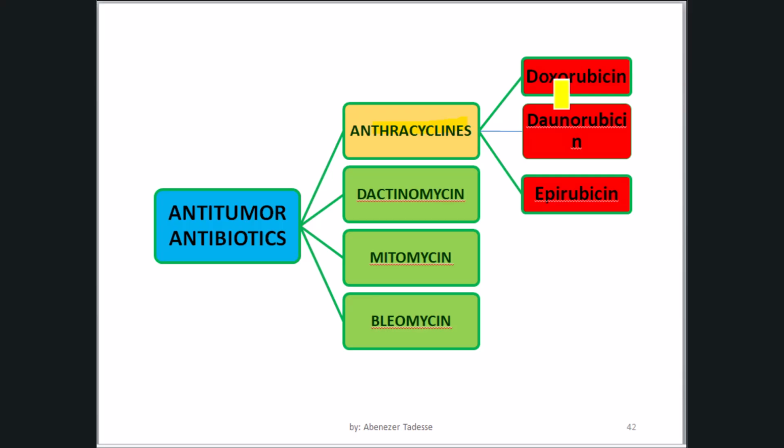This can result in mitochondrial damage to the myocardium. Due to lack of sufficient antioxidant in the heart, the heart is susceptible to these drugs. So these drugs are not recommended. The non-anthracyclines, like dactinomycin and mitomycin, have no such side effect and are recommended.